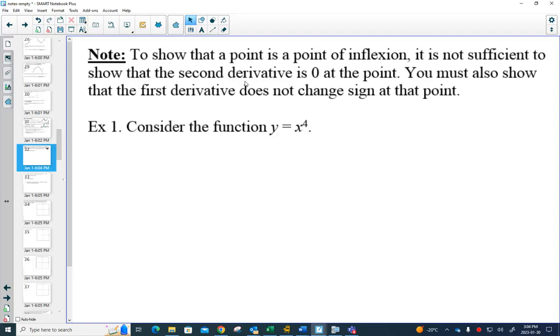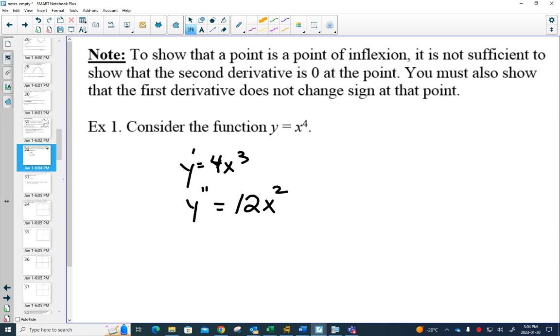So for example, if you had x to the 4, there's my derivative. There's my second derivative. Obviously, if I set my second derivative equal to 0, I get x is equal to 0. And it appears that, oh, maybe that's an inflection point.